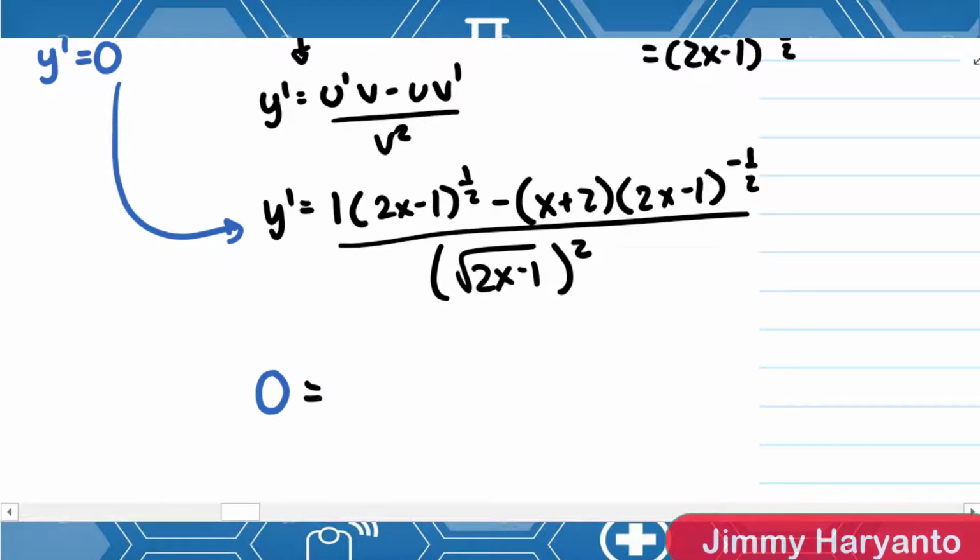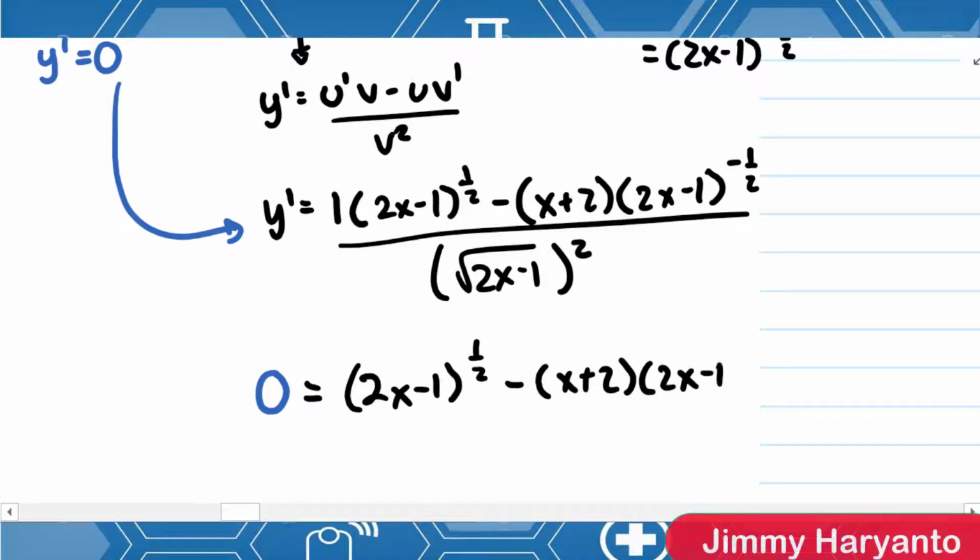0 equals (2x minus 1) to the power of half minus (x plus 2) times (2x minus 1) to the power of negative half.